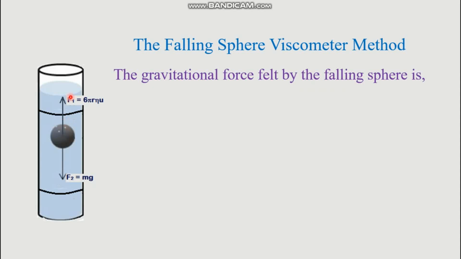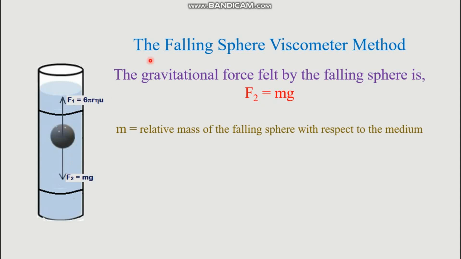So this is force F1, which is taking place in the upward direction due to the viscosity of the liquid, and this is the downward force, due to the gravitational acceleration. And if m is the mass of this sphere, then mg is the force. These two forces are at equilibrium, are equal at steady state.